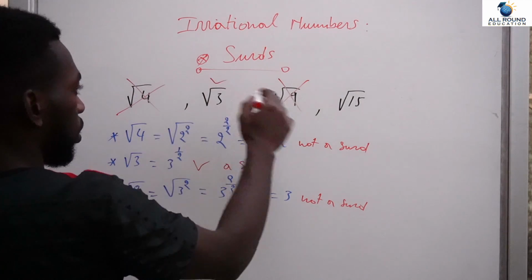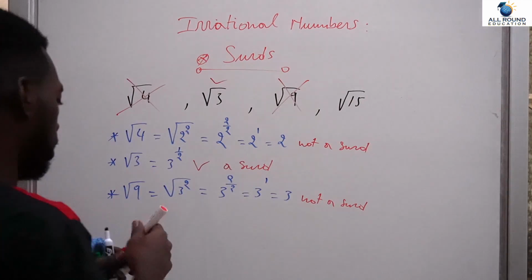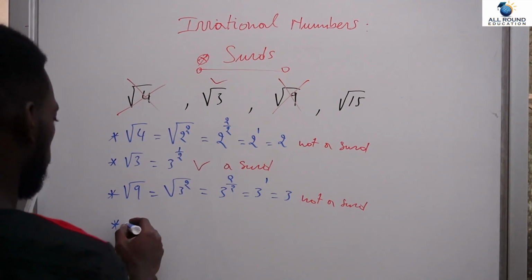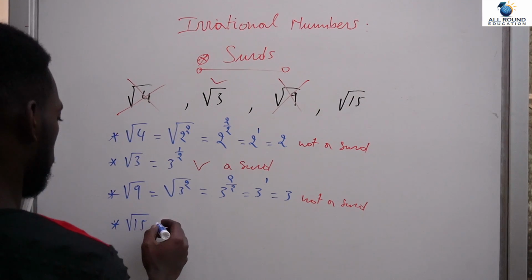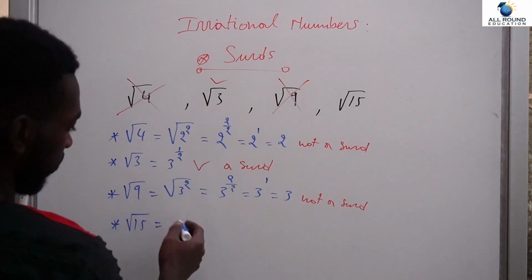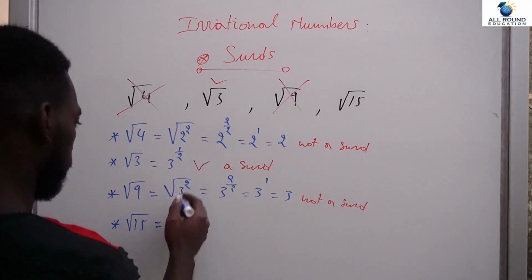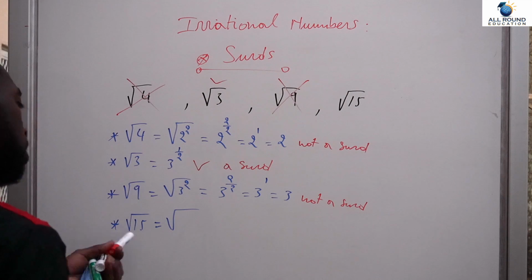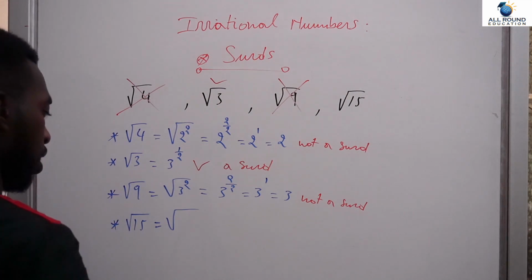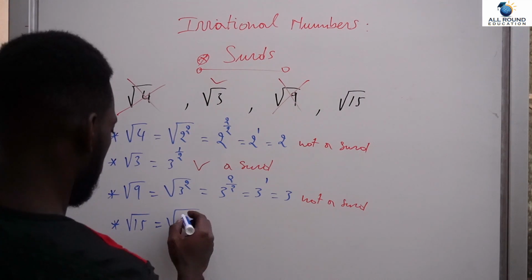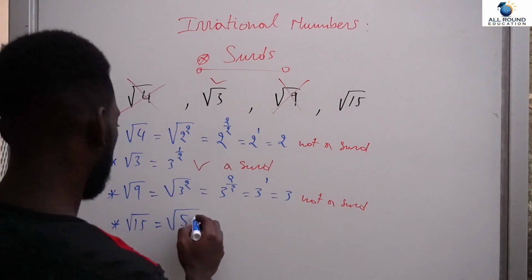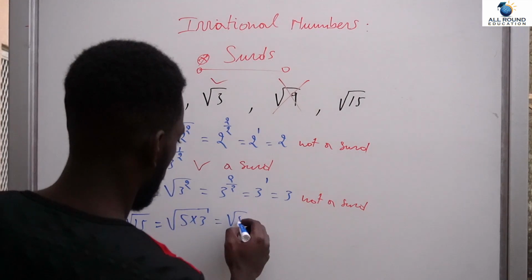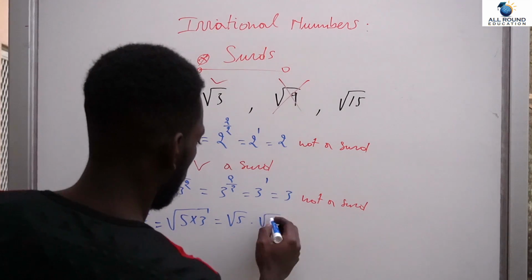And square root of 15, right? What can we do here? Can we write this number as a whole number to some power? No, we can't. The only option we have here is 5 times 3, which is the same as square root of 5 times square root of 3.